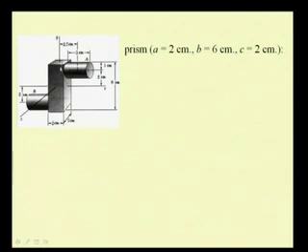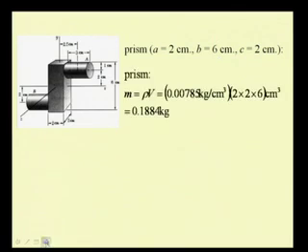The length of this prism is the total distance, that is we have 3 plus 3 totaling to 6 centimeters. Let us determine the mass. Mass is equal to rho times V, rho the density of the material times the volume 2 into 2 into 6. So, we have the mass of this prism as 0.1884 kgs.